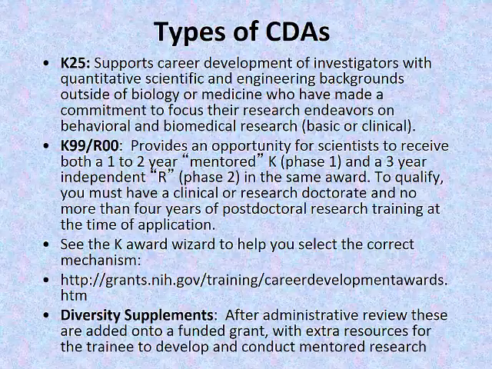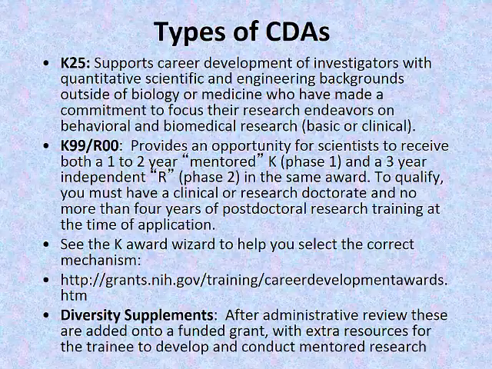So you can look at the K Award Wizard on the NIH website, and the link is here. You'll see some tools to help you figure out which is the right type of K award for somebody with your background and what you want to apply for. At the end of this talk, I'm going to also talk about something called a diversity supplement.